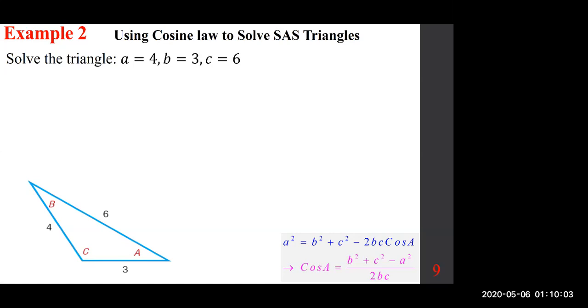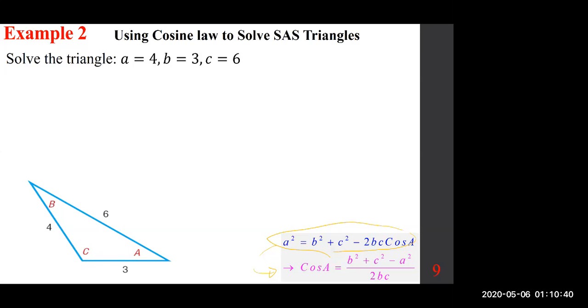And notice, basically you are solving for cosine A here. In other words, even if you don't remember the second formula, you can make it up. I hope you see that you can make it up. So using that plug-in, you got just about everything. You can find cosine A.